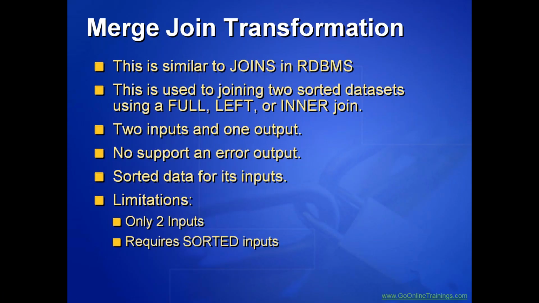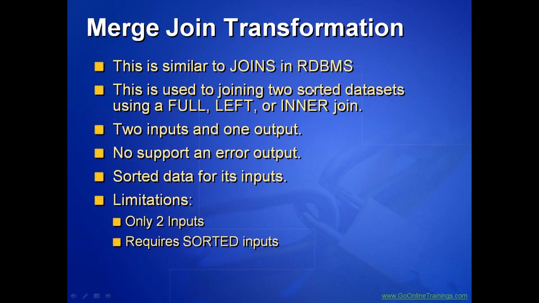Then we have the merge join transformation. Merge join is equivalent to joins in RDBMS, joins in SQL, right? So you know what the lookup transformation is. Now you have to understand joins in SSIS as well.